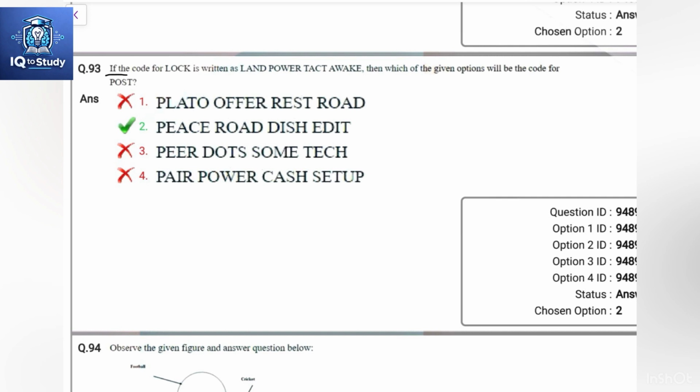If the code for lock is written as land, power, tagged, awake, then which of the following will be the option for post?